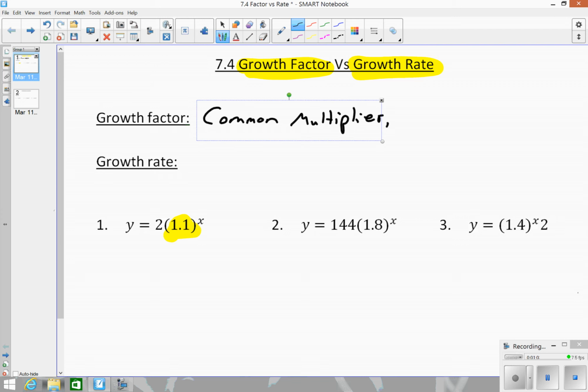Now this number has to be above 1 to be a growth, and that is the b value in your equation.